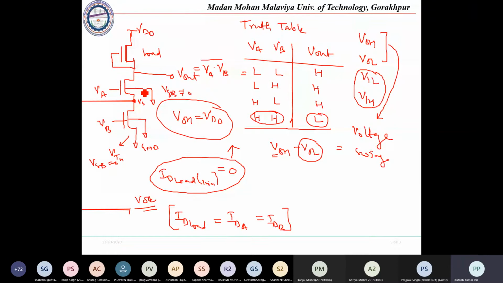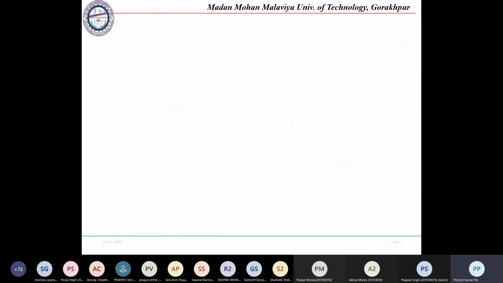So here the Vt value of transistor A will not be equal to the Vtn value of transistor B. Because of this difference, we cannot directly treat them as identical transistors.